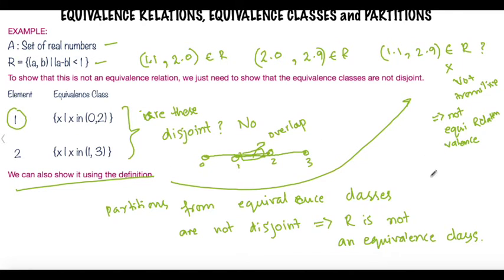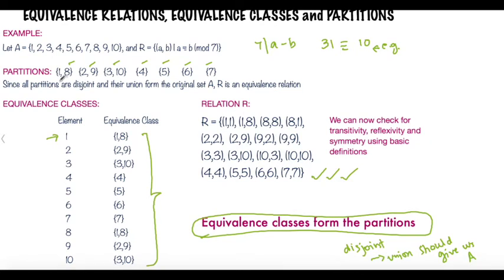Sometimes they also say that if we are given the partition, R can be a partition-induced relation. So we can start backwards. In other words, we can start from these sets. Given these sets, what is the relation formed through them?